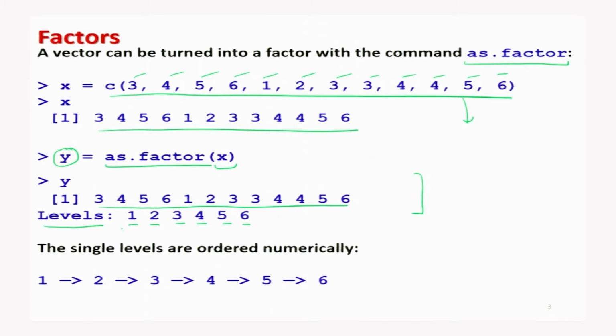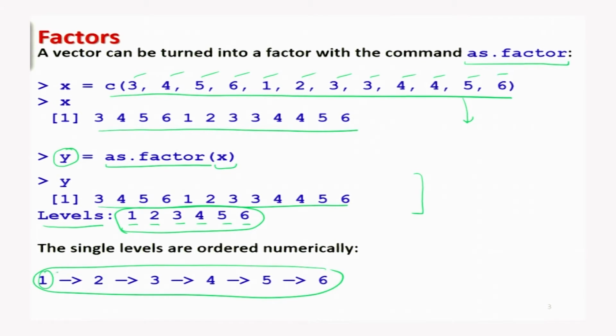For example, they are arranged with 1 first, then in increasing order 2, 3, 4, 5 and finally 6. So this is how the factor command works when you deal with numeric data and want to convert it into a factor.